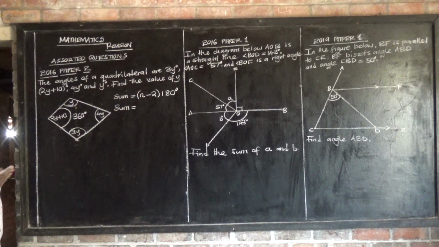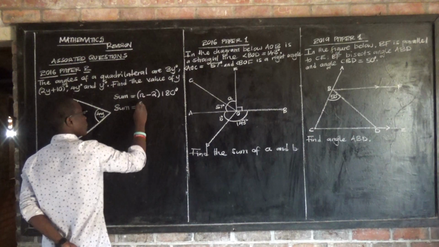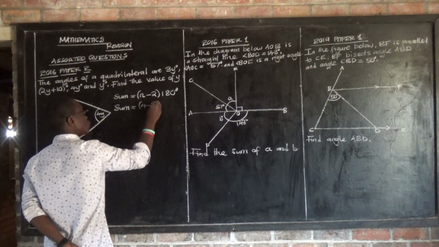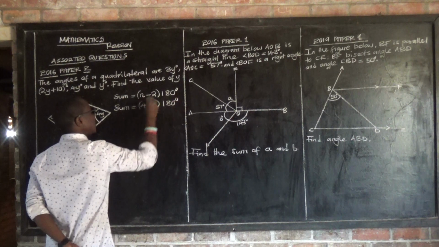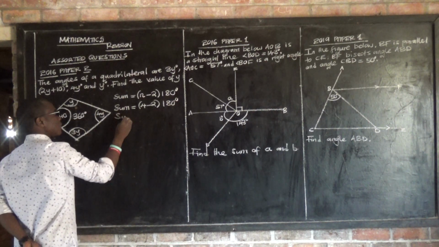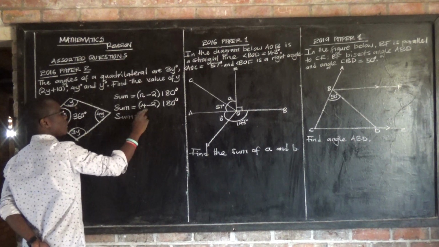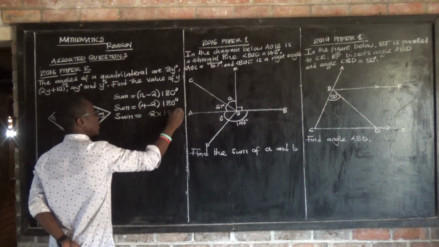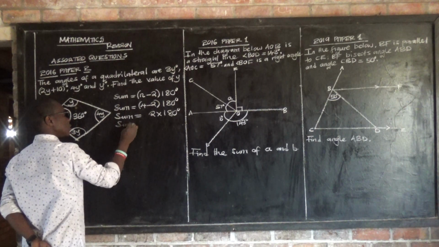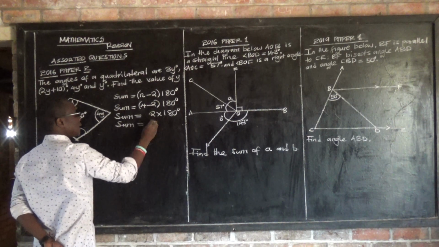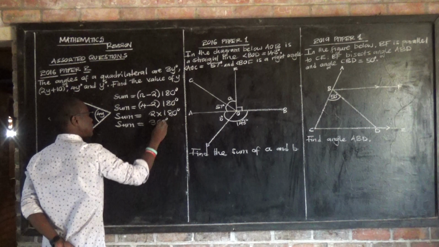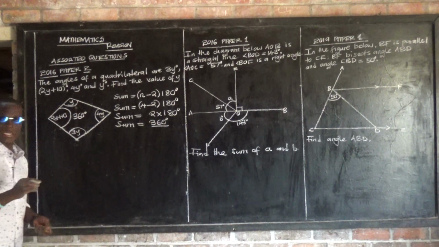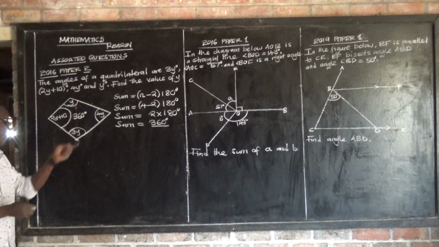A quadrilateral has 4 sides, right? So we say 4 minus 2 multiplied by 180 degrees. 4 minus 2 gives you 2, times 180. So the sum is 2 times 180. This is the sum of interior angles of a quadrilateral, so this is the 360 I was talking about.